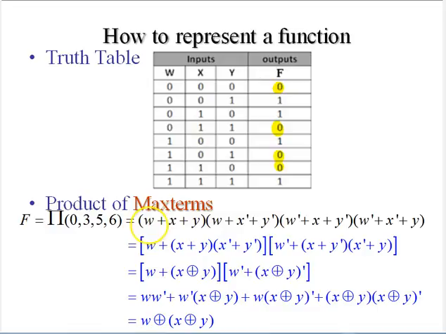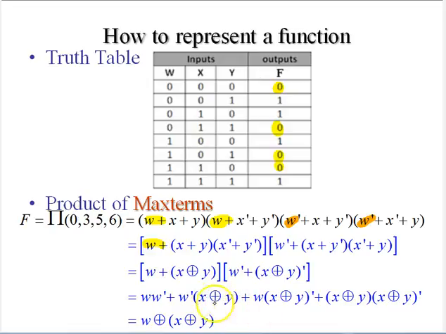Max term 0 is w or x or y, etc. And we can again use our distribution theorem of OR over AND, and we can pull out the w or in each of these terms. We have w or x or y and x prime or y prime, and similarly here with w prime, and do the same, and then recognize again that this is our exclusive OR function.